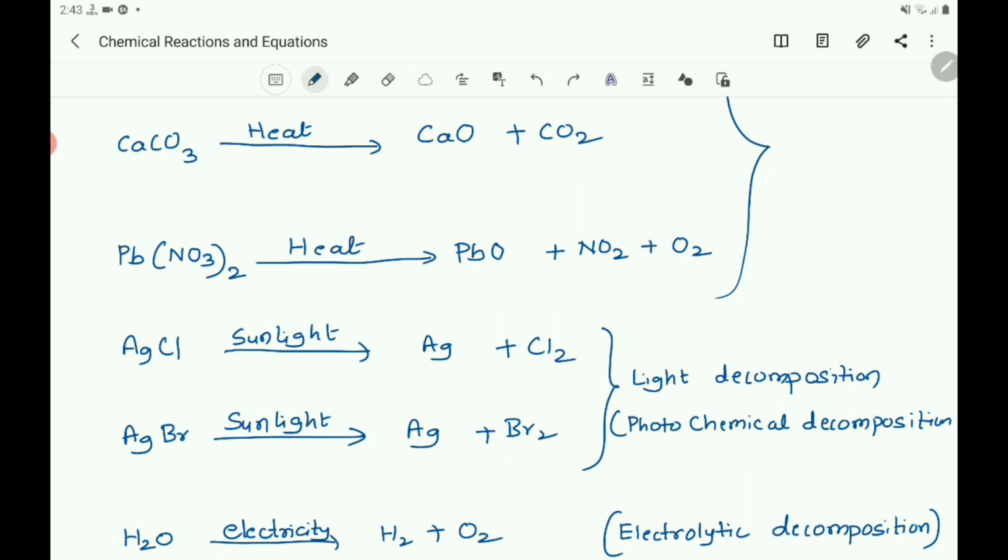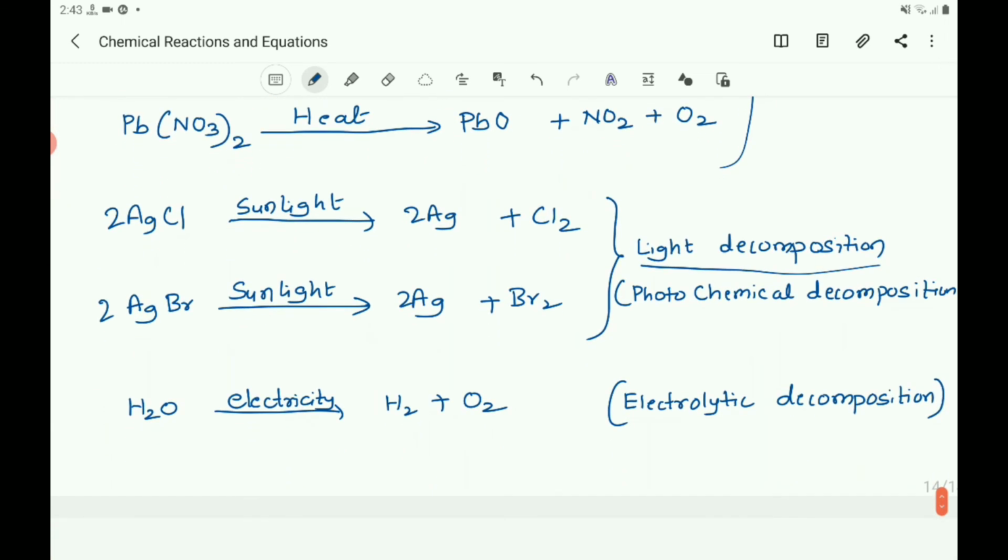And this is in the presence of sunlight, so it is light decomposition or photochemical decomposition. Now we verify whether it is balanced or not. Here Cl2 is there, so you must have 2 here and also 2. Same here, 2, 2. Now it becomes a balanced equation.